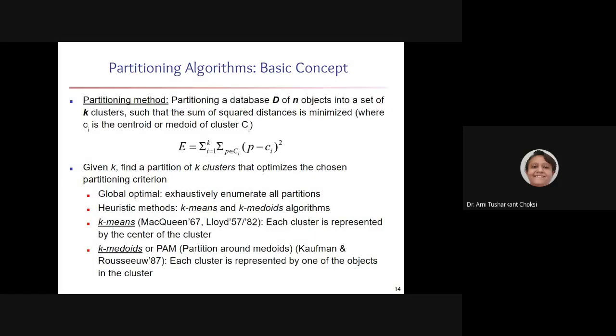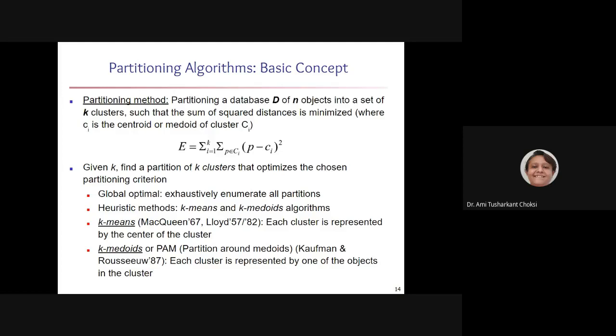So now we want to know about the partitioning approach, that is partitioning algorithms, the basic concept. Partitioning method, what is it? Partitioning a database D of n objects into a set of k clusters such that the sum of squared distances is minimized, where Ci is the centroid or medoid of the cluster Ci.